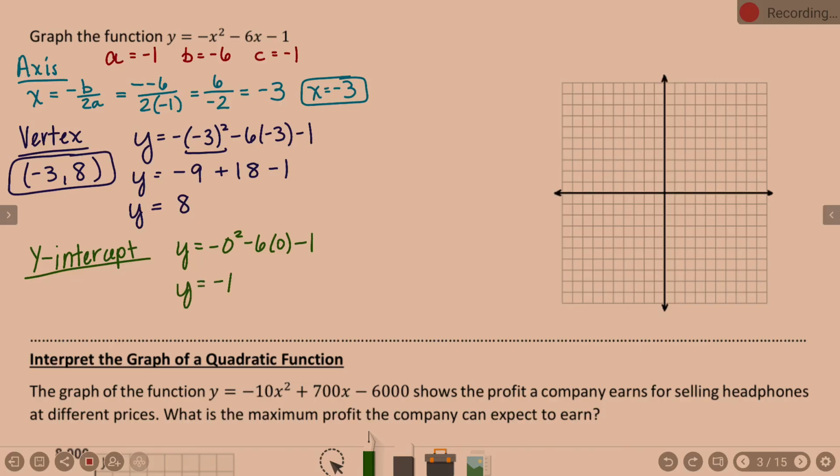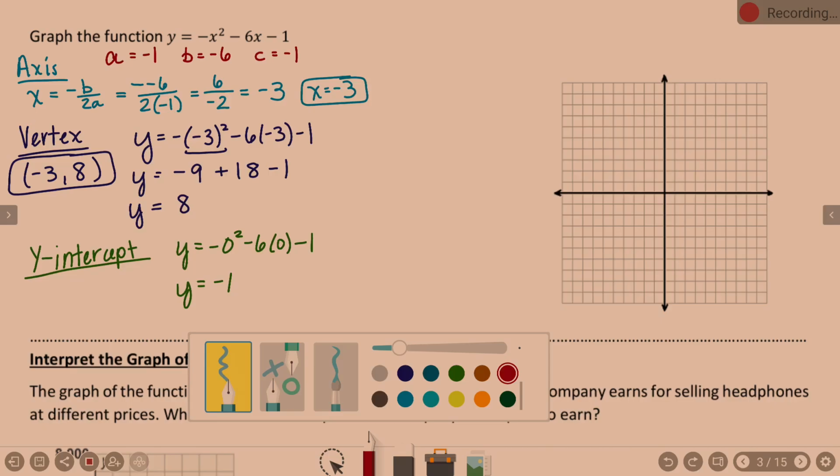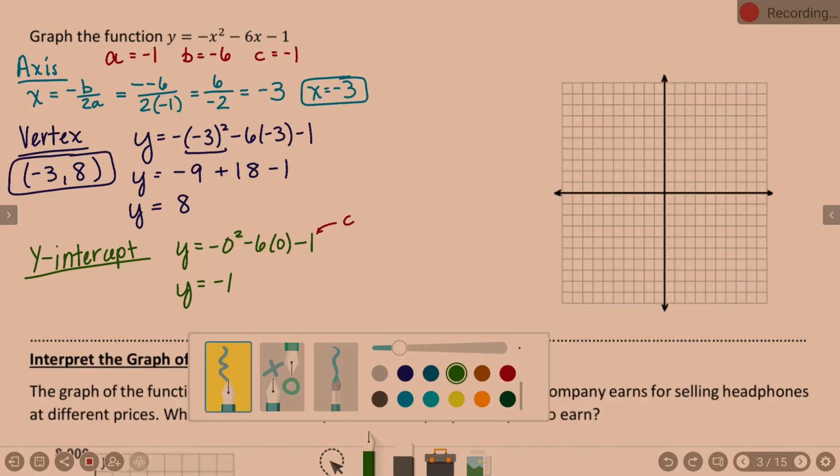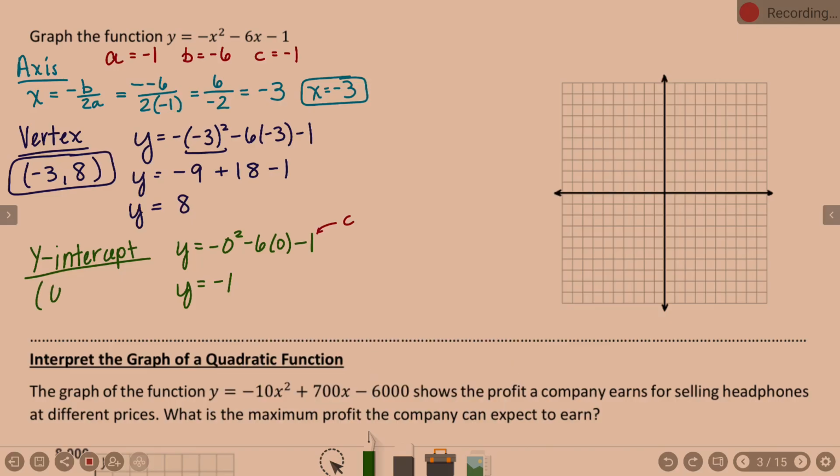That's the long way if you ask me, because it's always going to be your C value. So y-intercept is going to be 0, negative 1. I'm going to use that, and I'm going to reflect it.